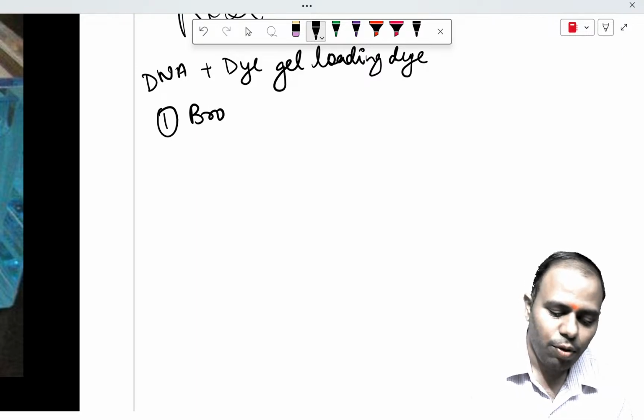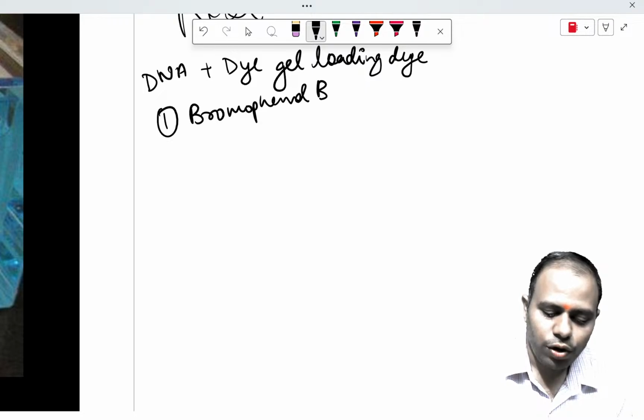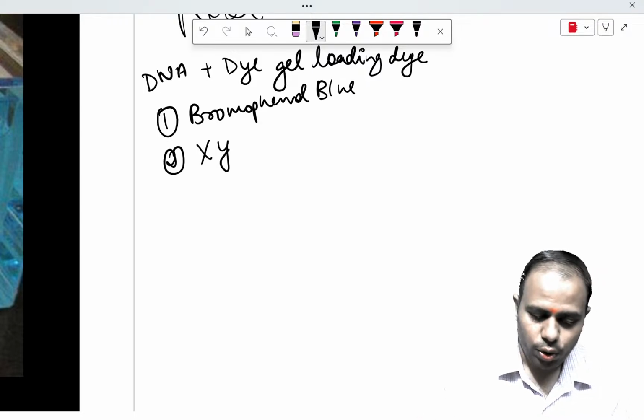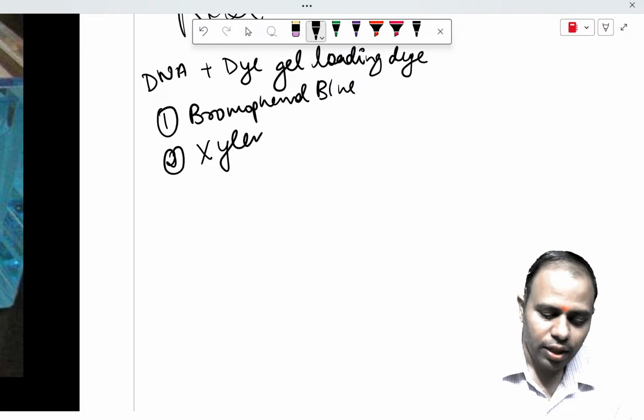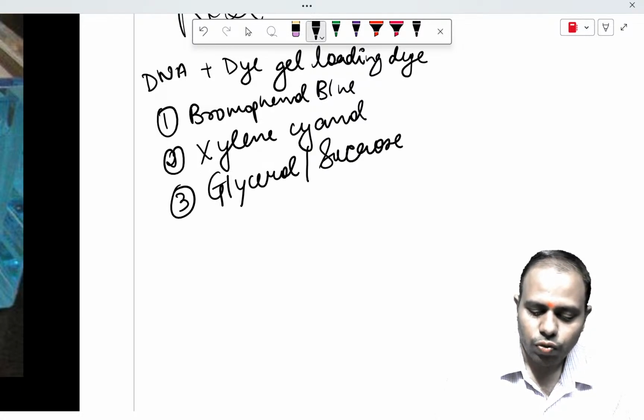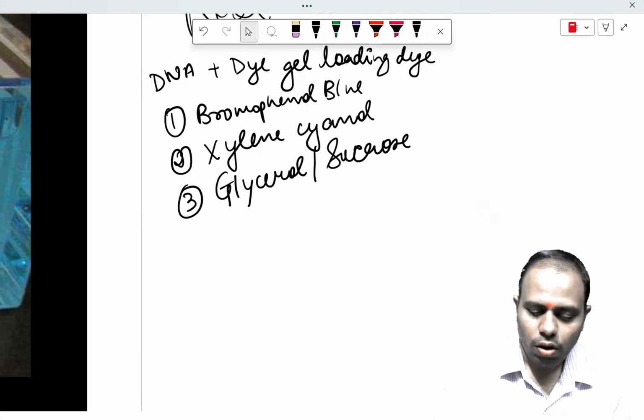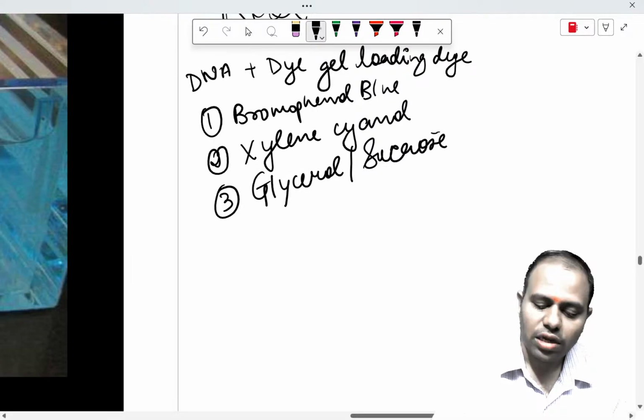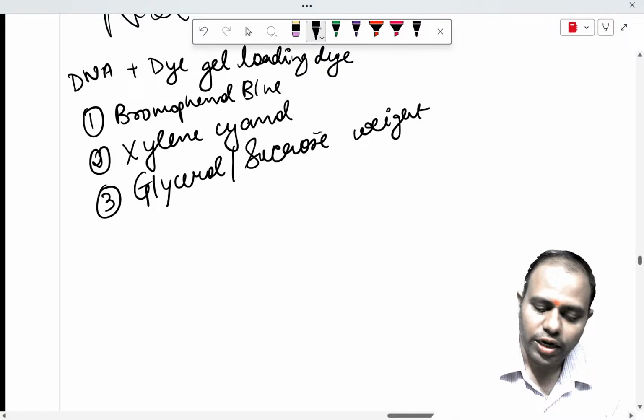First is bromophenol blue. This is a dye. Then xylene cyanol. Then it has glycerol or sucrose, which is for giving weight to the DNA.